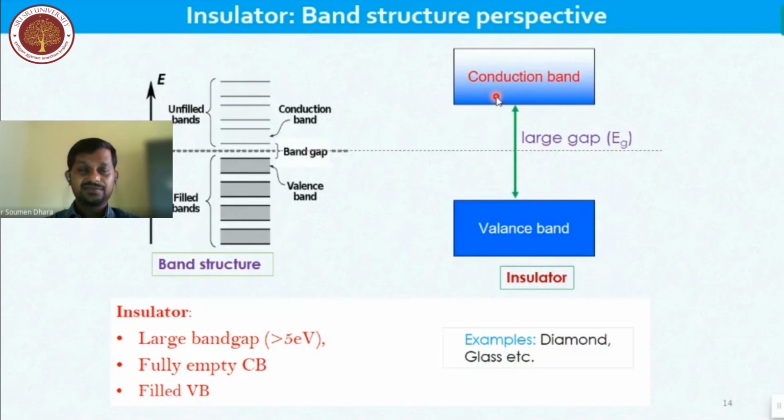Let's say you have a gap that is quite small, then there will be a small chance of the presence of a few electrons in the conduction band, which will give you a finite conductivity. Examples of insulators are diamond, glass, and wood. In such materials, a large band gap exists, above 5 electron volt, so no free electrons are in the conduction band and the conductivity is zero.